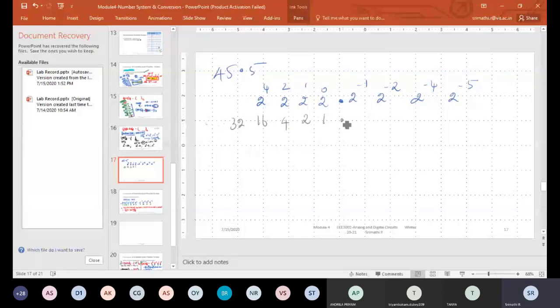Whereas here it is 1 by 2, that is 0.5, 1 by 4, 0.25, 1 by 8, so 0.125, and this is 2 power minus 4. So 1 divided by 2 power 4, that is 0.0625. These are the equivalent values in terms of decimal for each position.